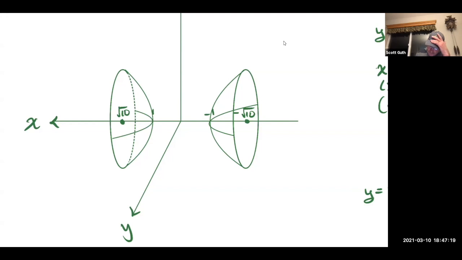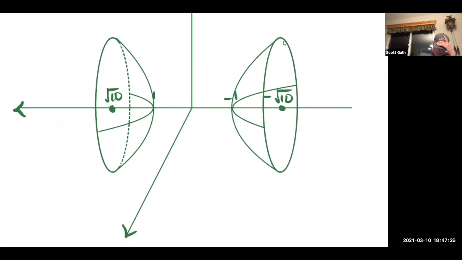That's good. Okay, now I'm just doing the hidden lines.